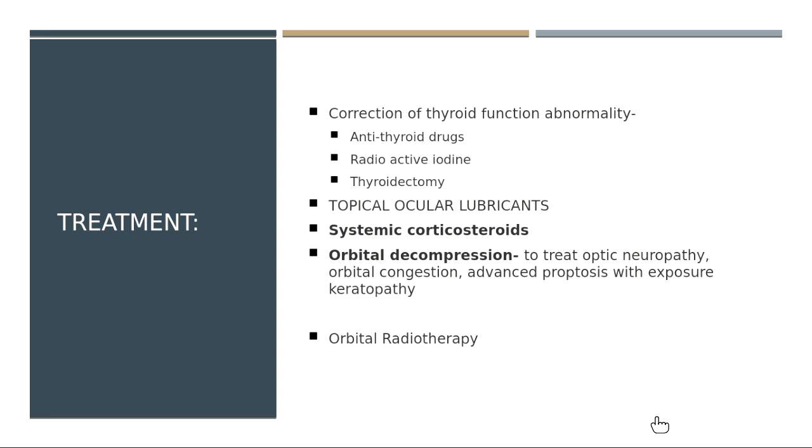Other things that we do, of course, as I mentioned before, they have exposure. So you have to lubricate the eye. They have to get topical artificial tears. And if they don't respond to systemic steroids, then we do orbital decompression, which is usually reserved for very severe cases of proptosis with exposure, or if the patient is having compression of their optic nerve.